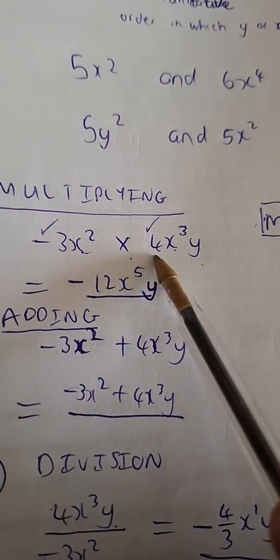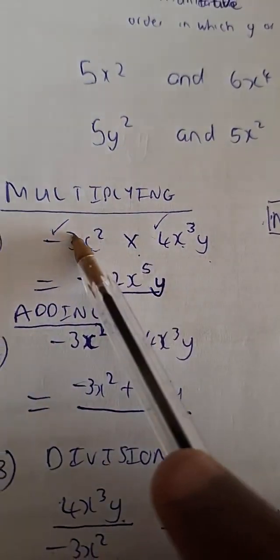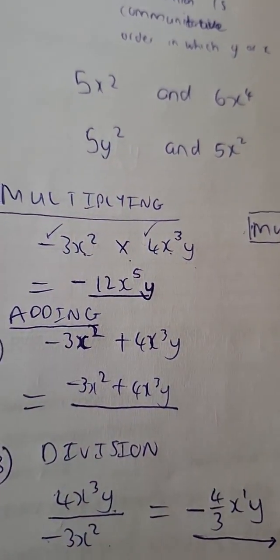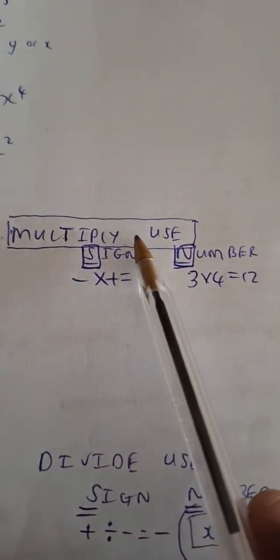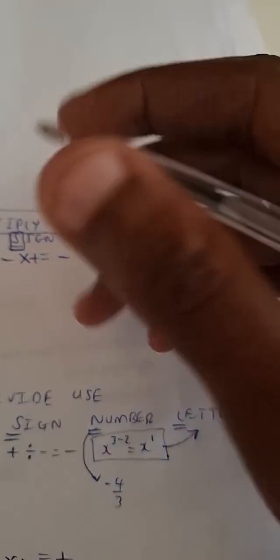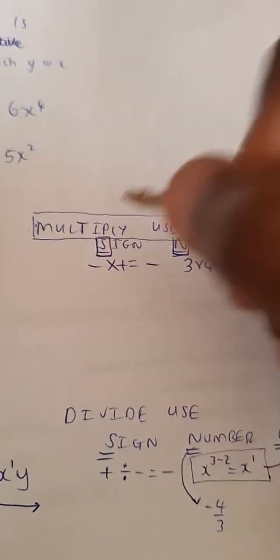So negative 3x squared times 4x cubed y: whenever we are dealing with multiplication, we must apply what I call SNL.